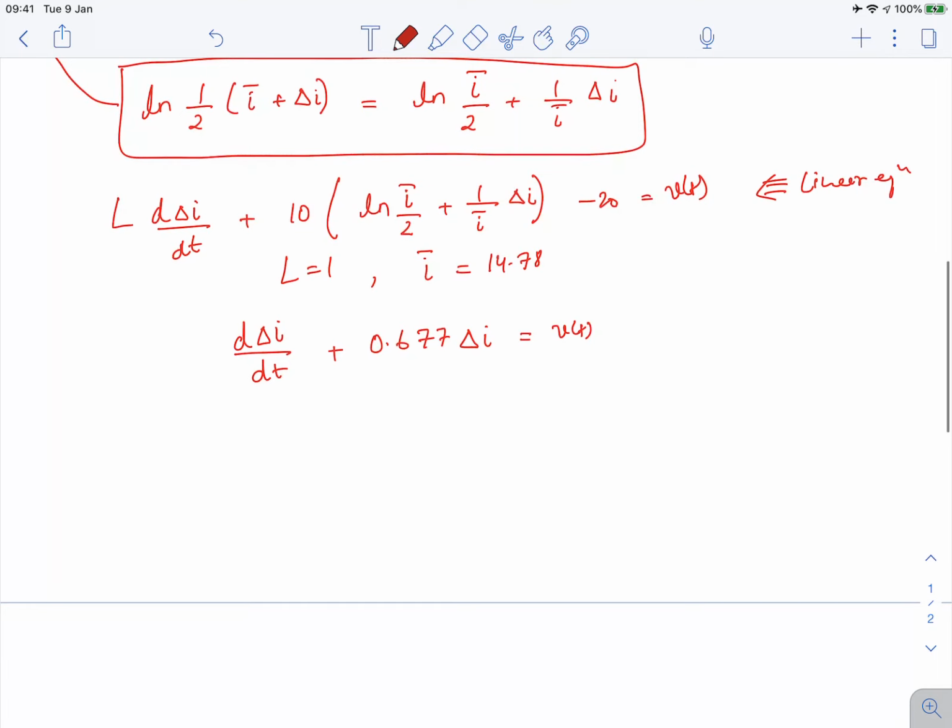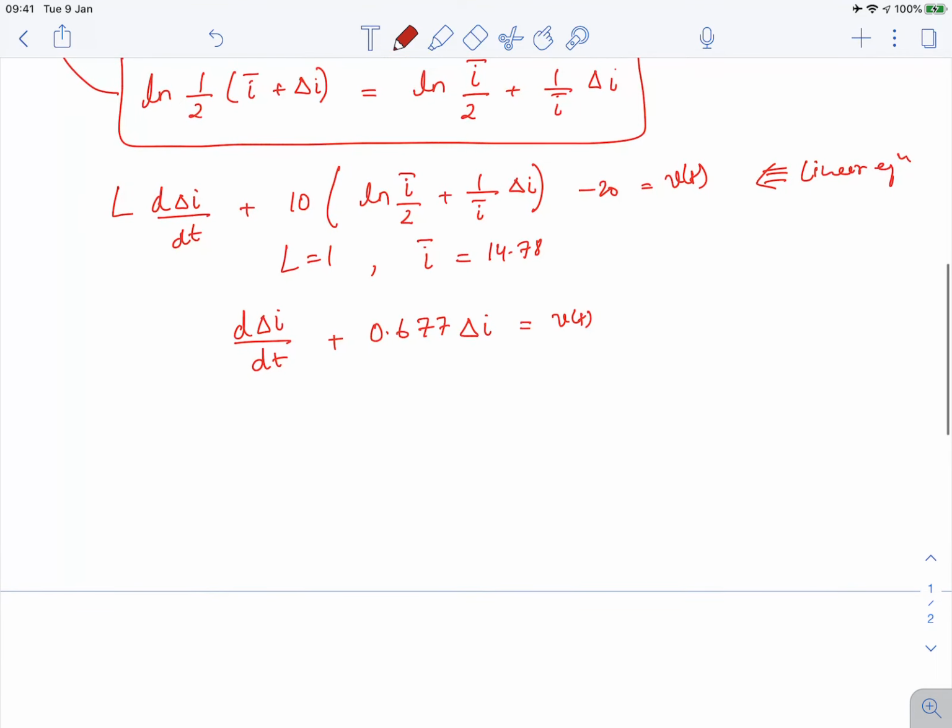Now this is a first order differential equation. Assuming zero initial conditions, you can take the Laplace transform to finally write the transfer function, which is delta I of s by v of s is equal to 1 upon s plus 0.677.